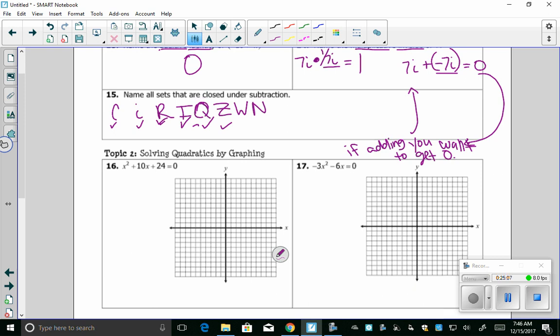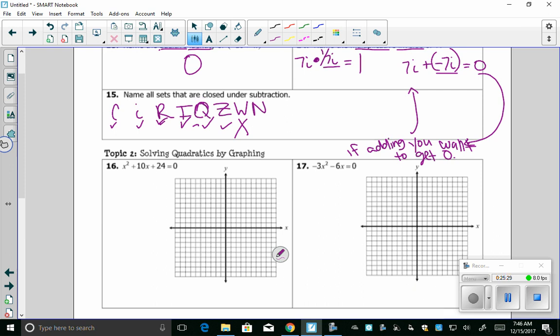Whole numbers. Zero is a whole number, and I subtract another whole number, 3, and I get negative 3. Negative 3 is not a whole number, so that one doesn't work.